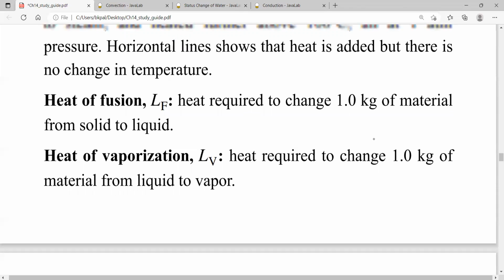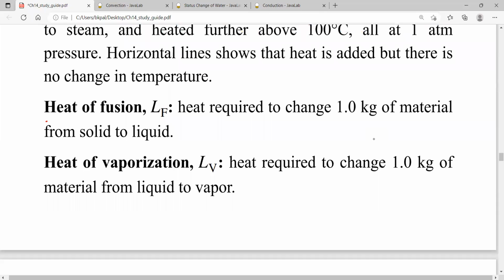Here you see the heat of fusion, when the phase change is between solid and liquid, and the heat of vaporization, when the phase change happens between liquid and gas.